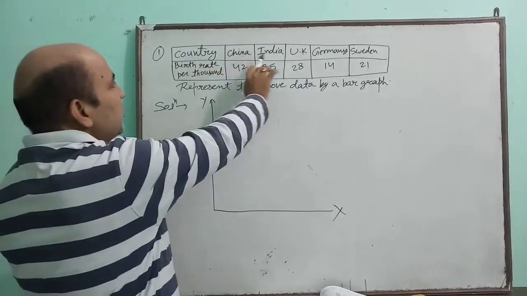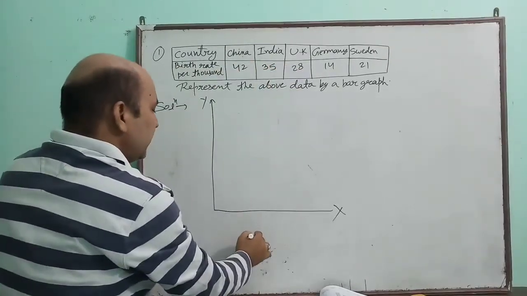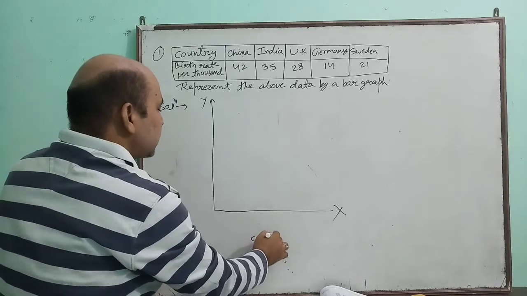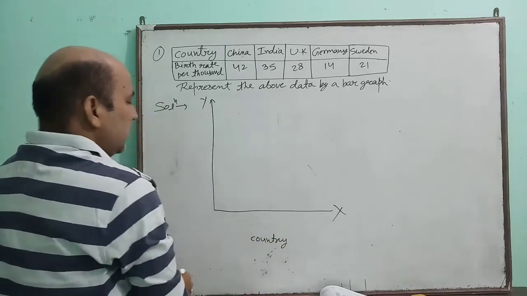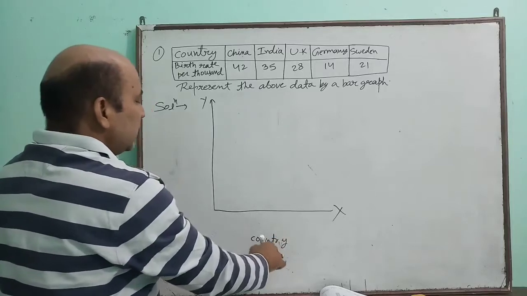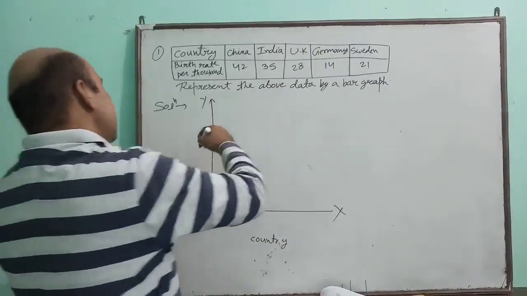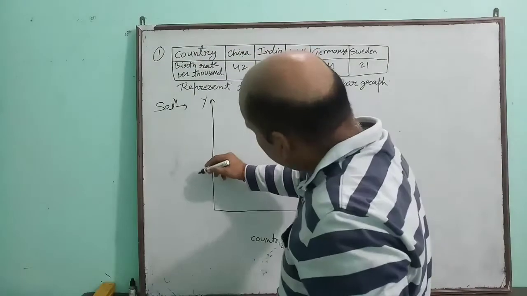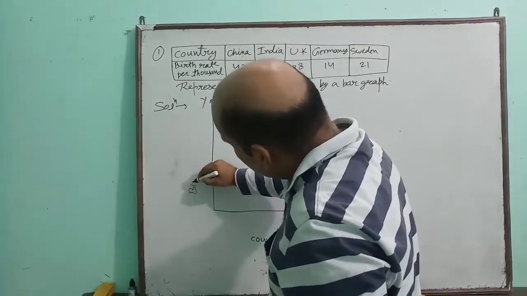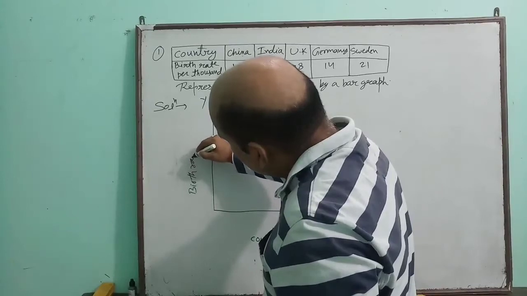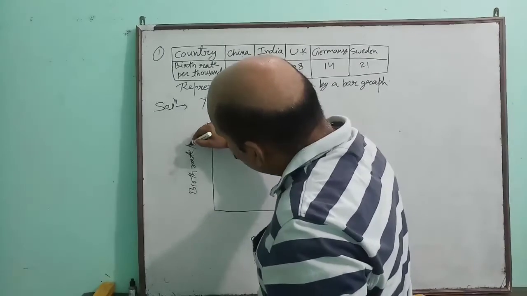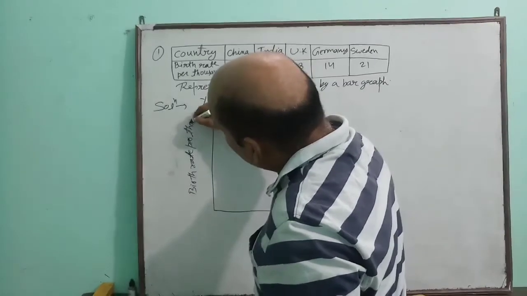Children, the country will be called the observation, which we will denote on the x-axis. This birth rate is called the frequency, which will be denoted on the y-axis. So we will write birth rate per thousand here.